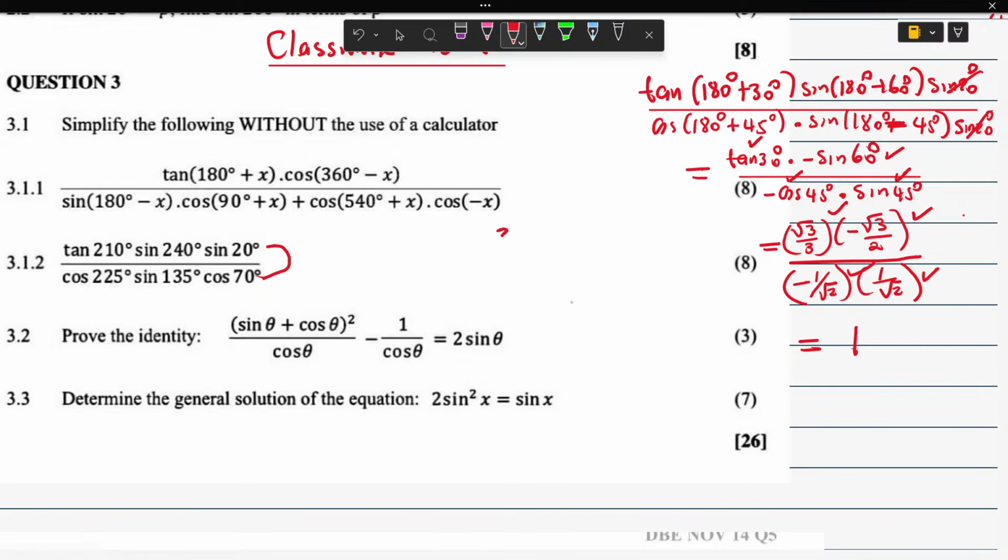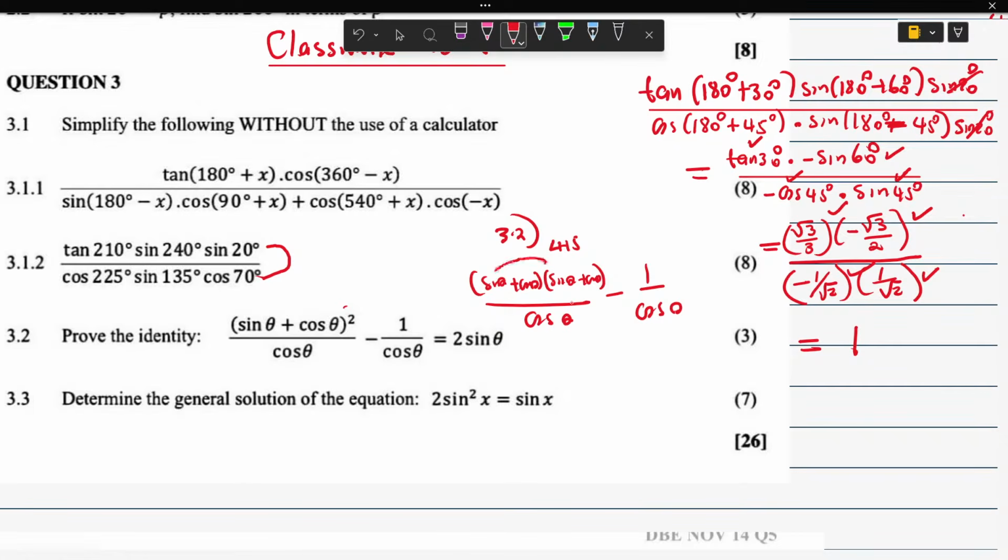On 3.2, what do you do? There is a square. You first choose the left-hand side. Multiply that numerator. Open the brackets, okay? Don't be scared. Open the brackets. This is sine theta plus cos theta, sine theta plus cos theta.